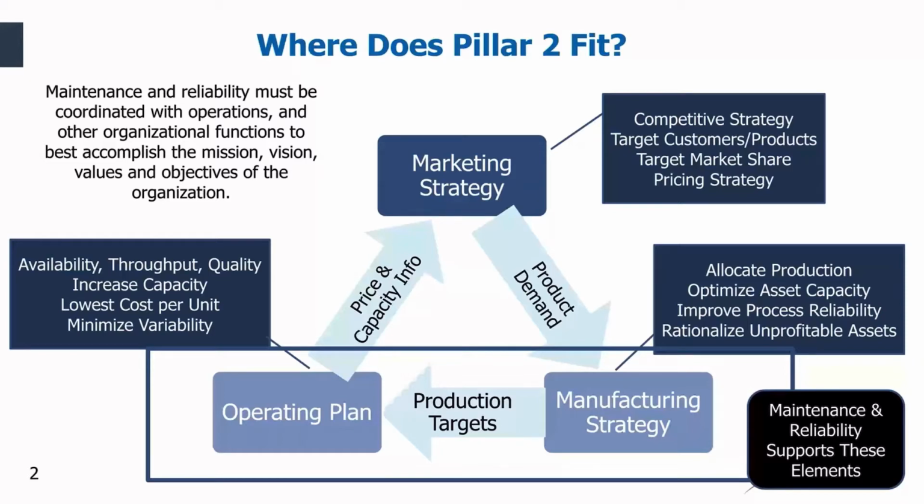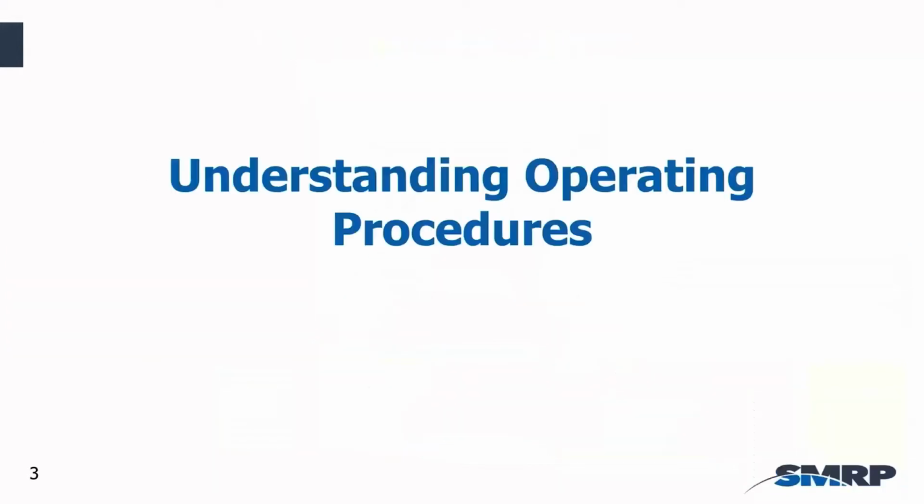I just wanted to take this minute to circle back and make sure that we're all on the same page as to where reliable processes fits into this paradigm. So now let's kick off into understanding operating procedures.